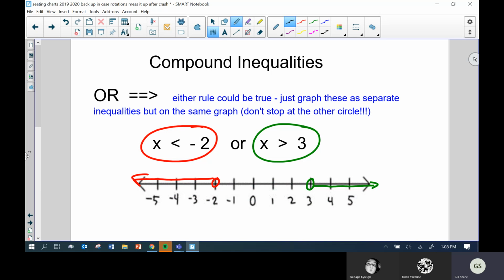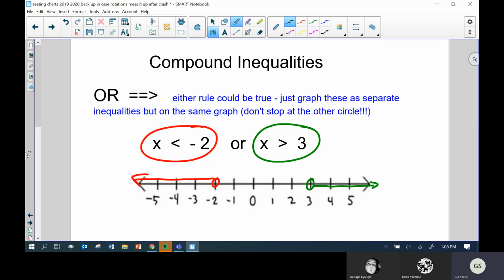I told you when we started this that the process was the same for the AND compound inequalities and the ORs. The difference is in how you tell what your solutions say. If it's an OR inequality, our solution can come from either of these. It doesn't have to meet both of them.